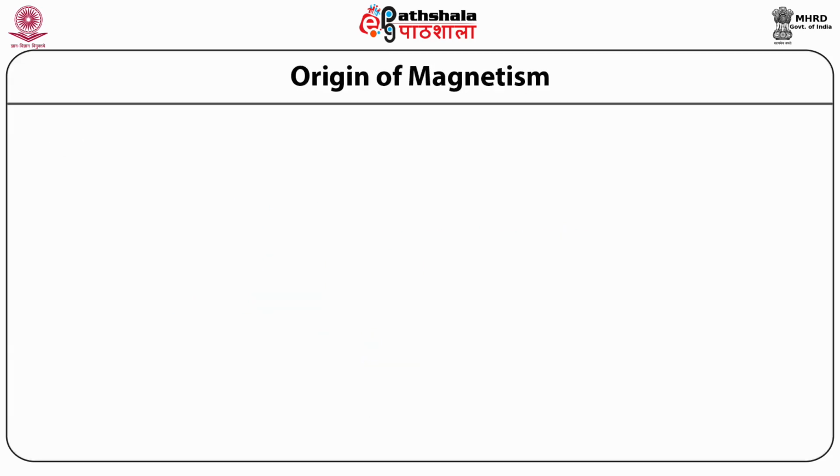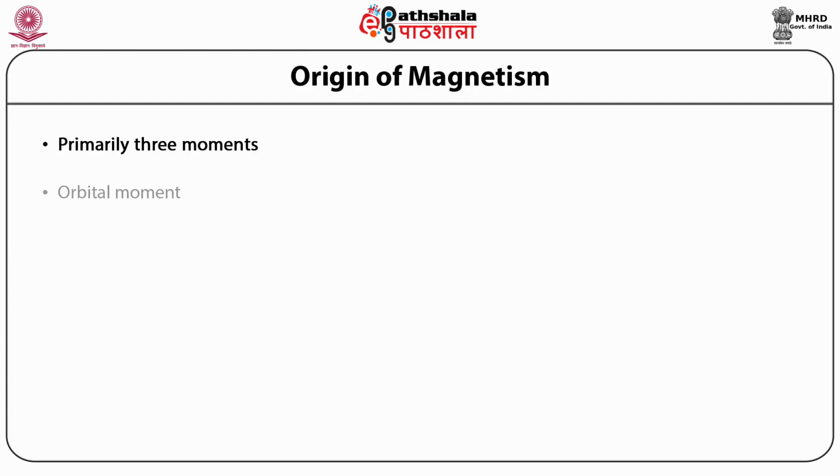Origin of magnetism. So students, as we have already discussed, the origin of magnetism is basically due to three components, or we can say we have primarily three moments.